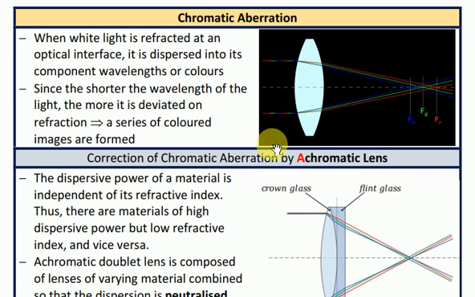So, correction of chromatic aberration by achromatic lens. The dispersive power of a material, which we have discussed, is independent of its refractive index. Thus, there are materials of high dispersive power but low refractive index, and vice versa.